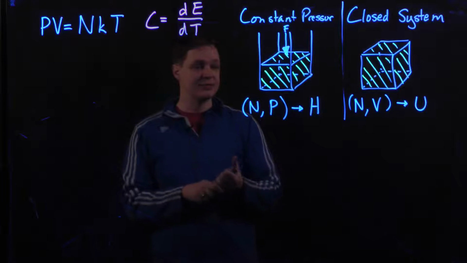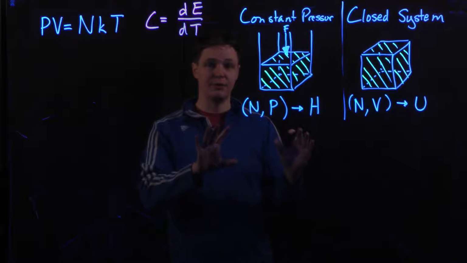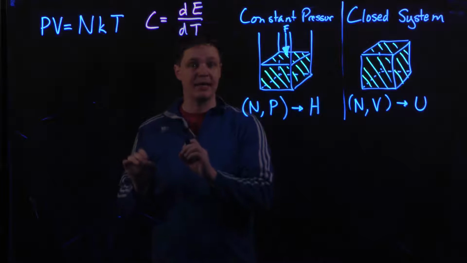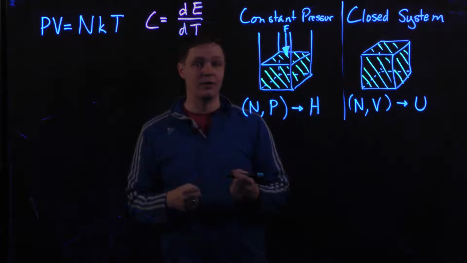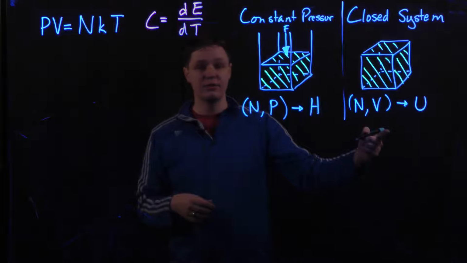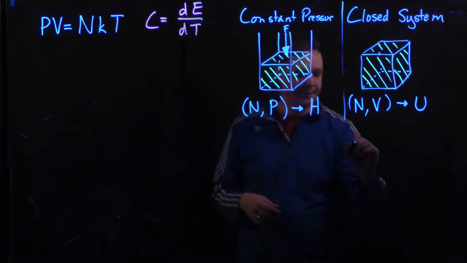For both of these systems, what I want to do is look at the first law of thermodynamics and what it says about the heat capacity when I'm in an adiabatic condition, when no heat can flow in or out of the system. The first law of thermodynamics for the closed system is a little bit easier.